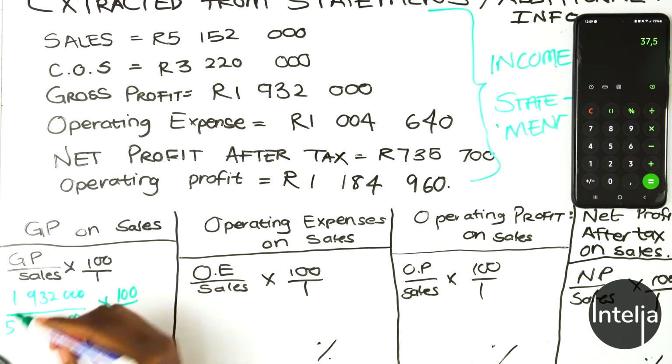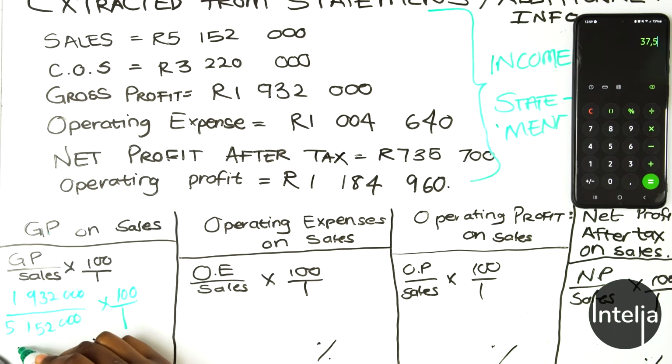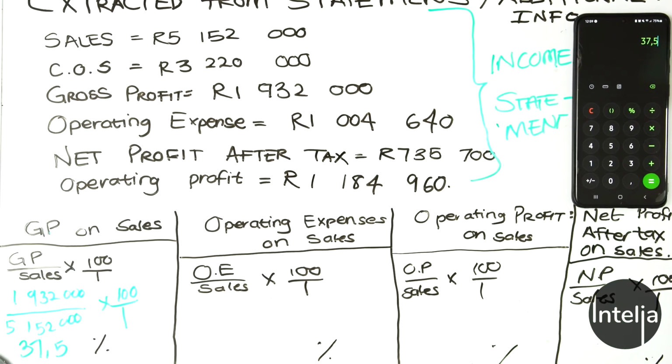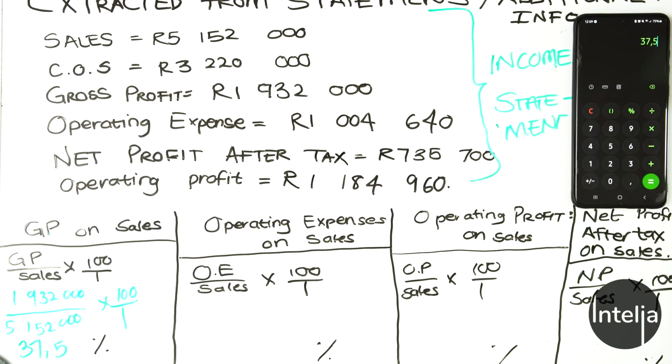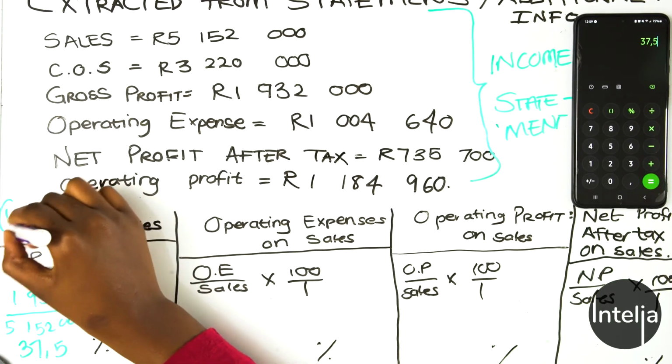In your exam, they'll usually specify whether you should round off to the nearest 1 decimal, 2 decimals, or rand, which is no decimals at all. So I'm going to just make it 37.5% for accuracy.